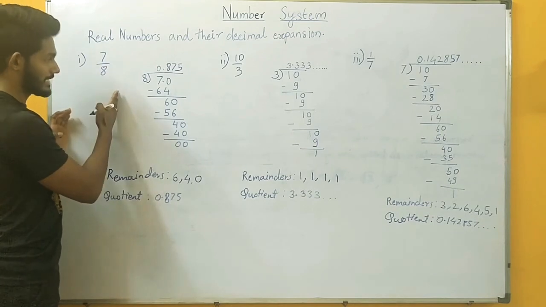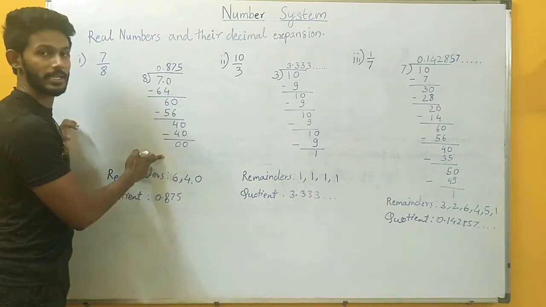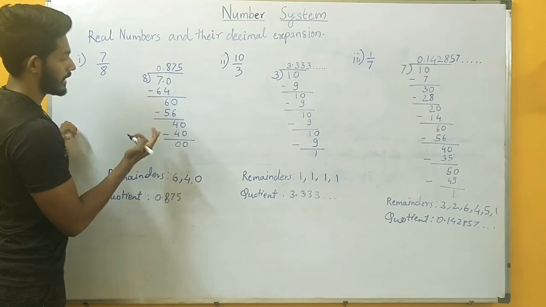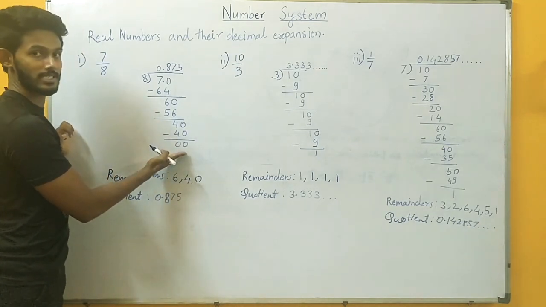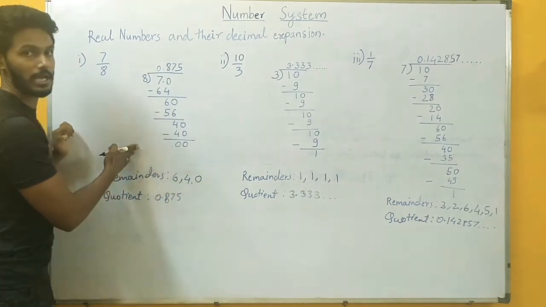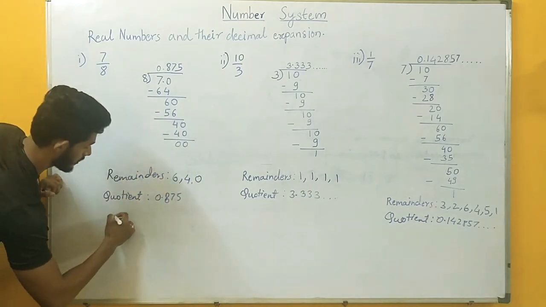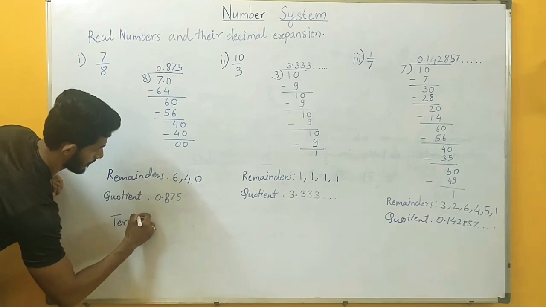So in this case you can see that we are getting remainder as 0. So in such types of examples where we are getting the remainder as 0, such examples are called terminating.